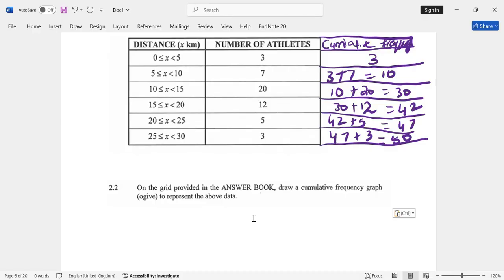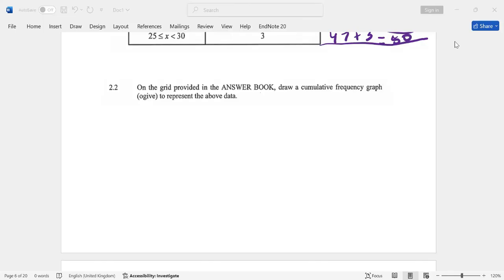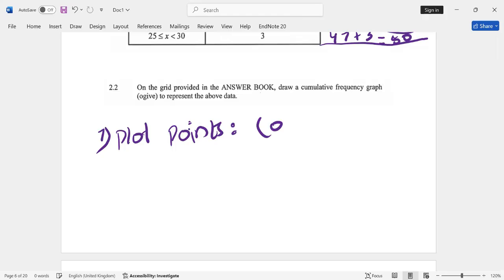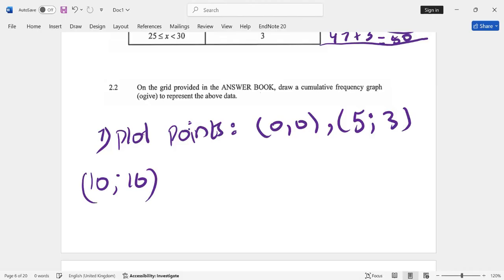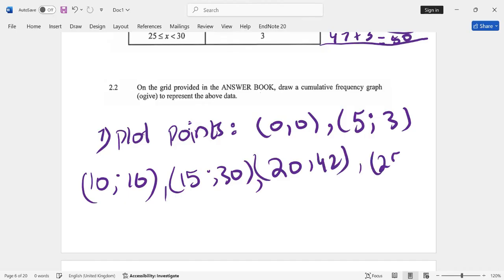Okay. So for the plot points, we have 0, 0, and we have 5, 3, 10, 10, 15 and 30, and 20 and 42, and we have 25 and 47, and the last one is 30 and 50.